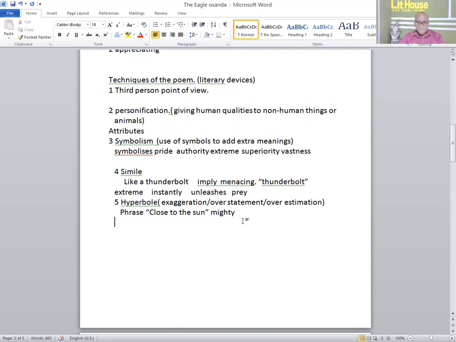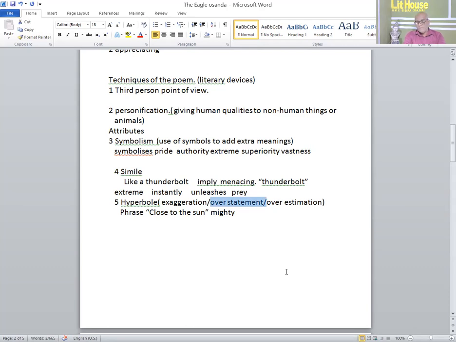Full stop, go on writing. There is another overstatement. This is the word, overestimation.